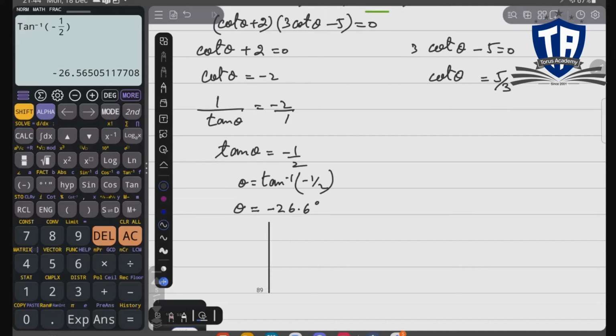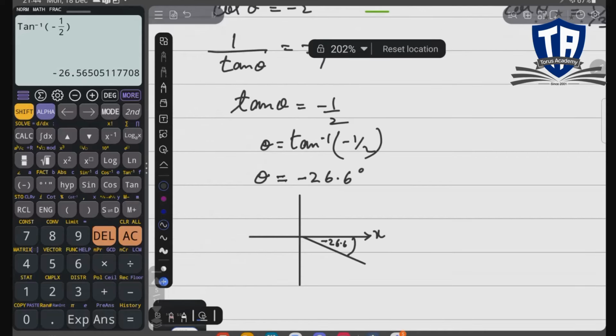As the angle is negative, we measure the angle in the clockwise direction from the positive x-axis. This angle is an acute angle, so we call it the basic angle, and we are dealing with tan. Tan is positive in the first and third, and negative in the second and fourth.